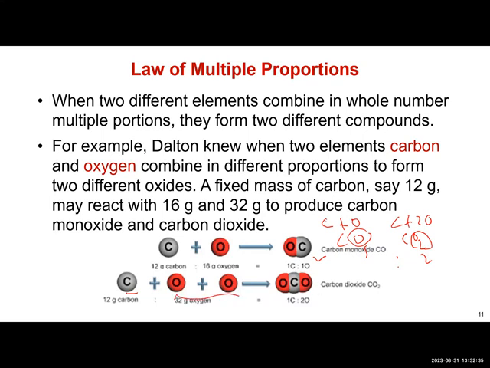The ratio is 1 to 1 here, 1 to 2. Therefore, this explains the formation of different compounds by different proportions of two elements.